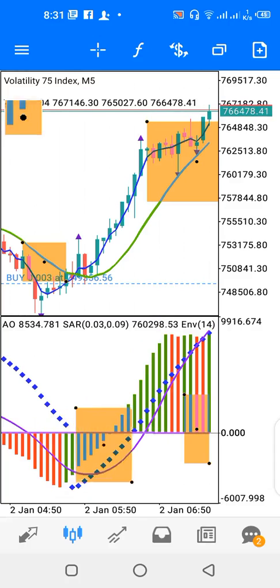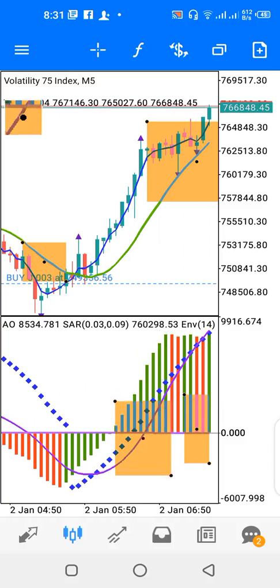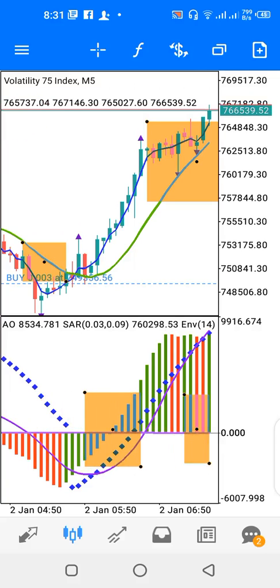So if you have your signal, you can take your trade. Confirmation is when the purple SAR starts to develop above the purple line. Another confirmation is when the green line starts to develop above the zero awesome oscillator level. That's your confirmation.